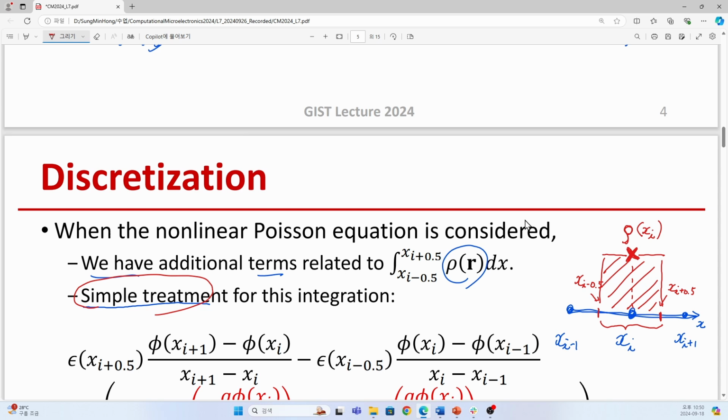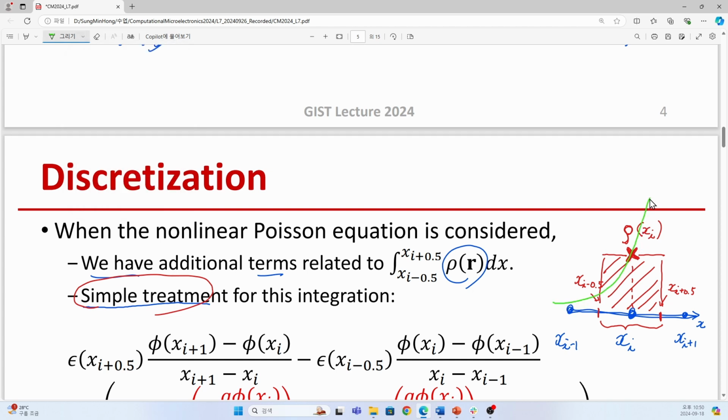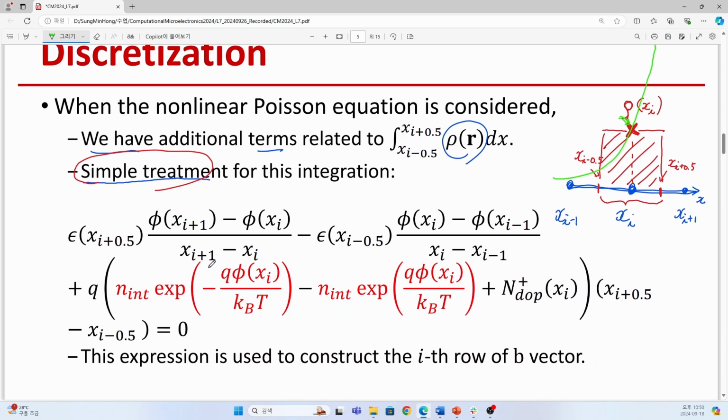Of course, if we have a really steep increase of this function, then maybe this rough or crude approximation will not be valid. However, we believe that this integration, centered at this integration domain, is more or less a good approximation for our actual quantity.